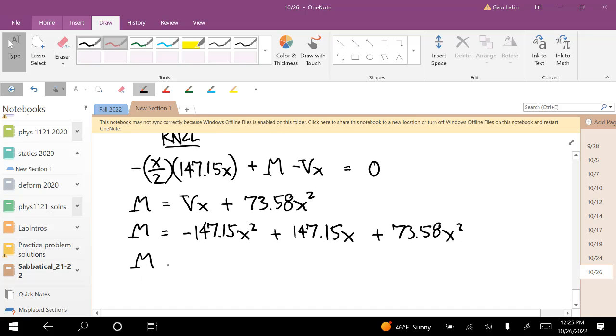And then add up all the x squareds and you get negative 73.58 x squared plus 147.15 x.